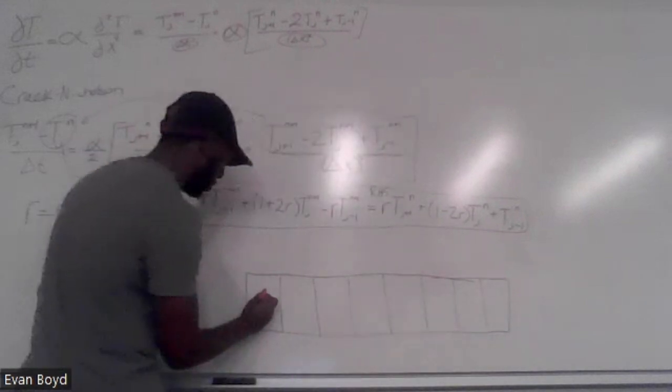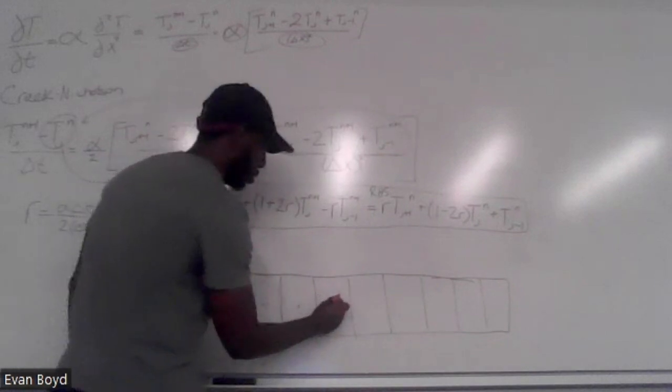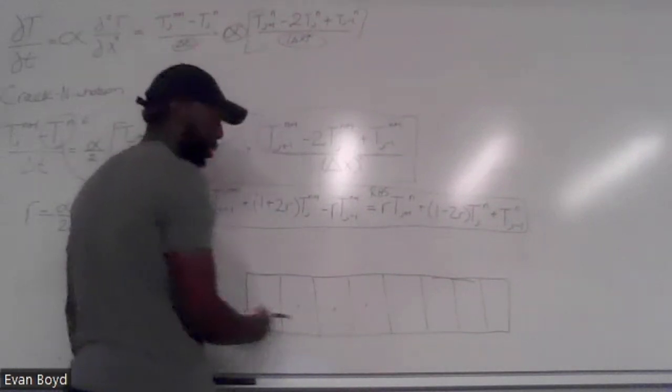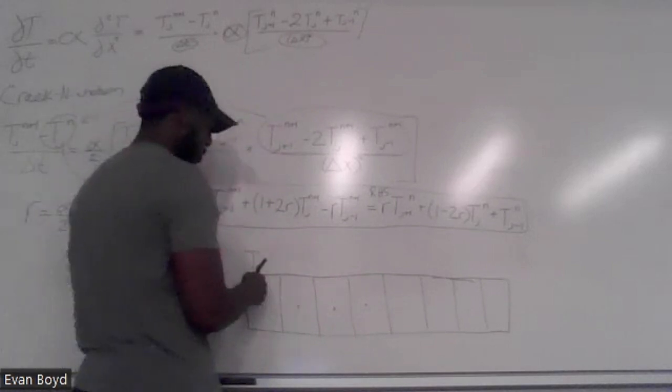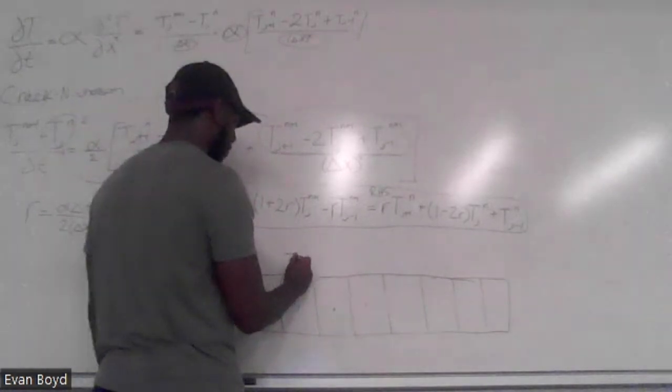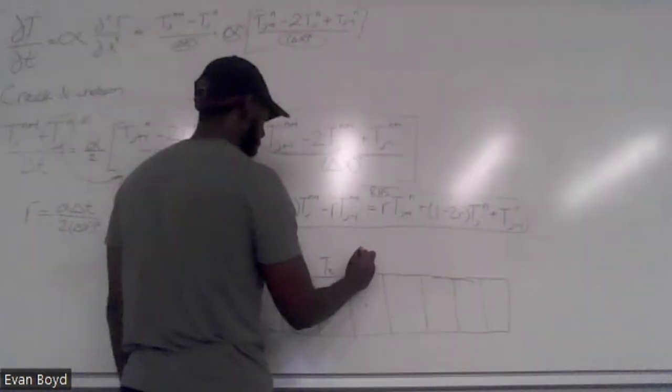All right, so we have this representative position. So this is temperature at initial position 0, you have T1, T2, T3.